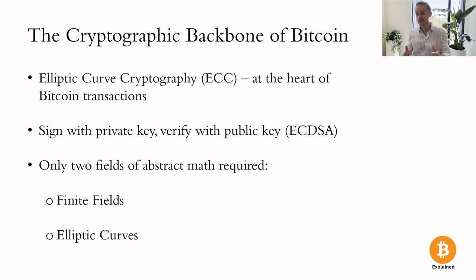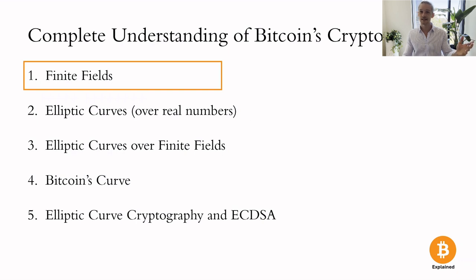From this point, it's only a small step to understanding the elliptic curve that Bitcoin uses and how the signing and verification algorithm works from a deep foundational technical level. As I said in the introduction of this video, there will be 5 videos on the cryptography behind Bitcoin. This video, video number 1, is focused on finite fields.